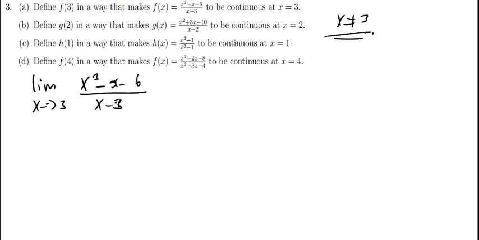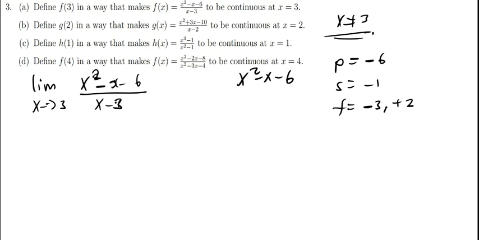So there we go. We need to just simplify or factorize the numerator, which is x to the power 2 minus x minus 6. The product is negative 6. The sum is negative 1. The factors, I believe, are negative 3 and plus 2.